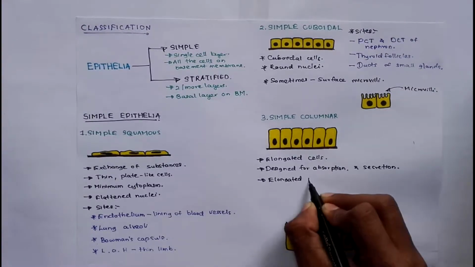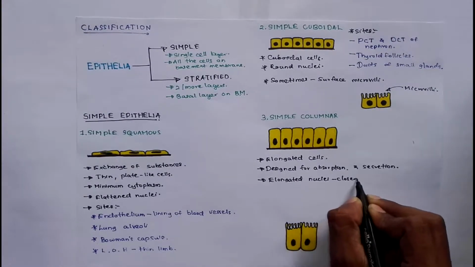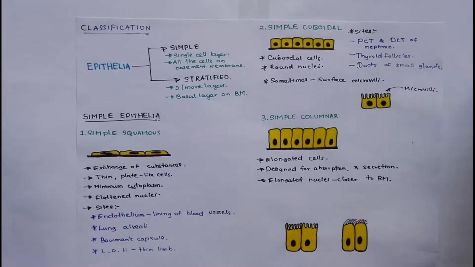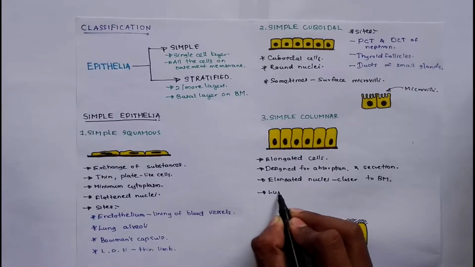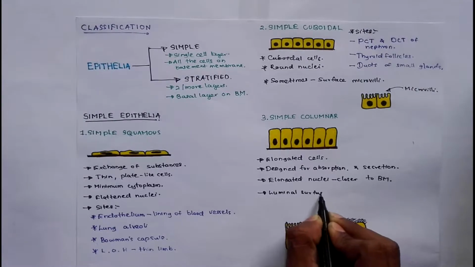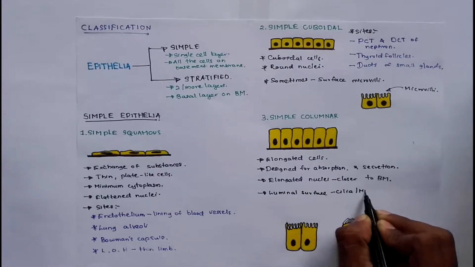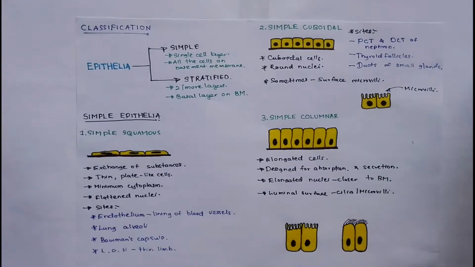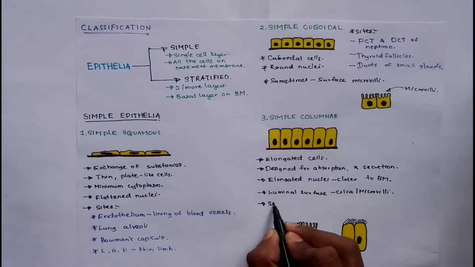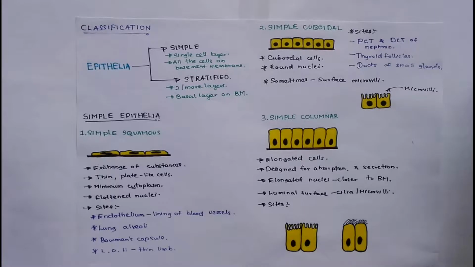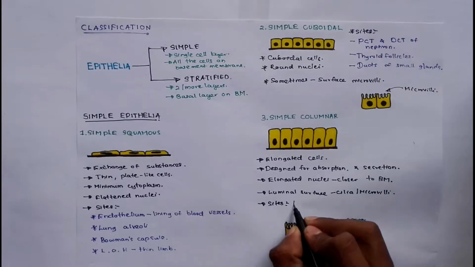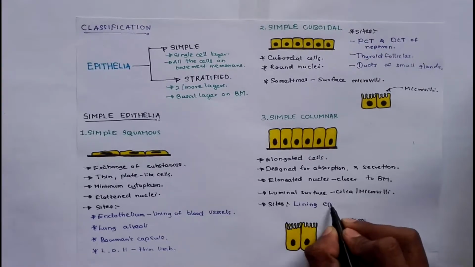The cells have elongated nuclei closer to the basement membrane. Cells on the luminal surface sometimes contain cilia or microvilli. Examples are the lining epithelium of the stomach and intestine.